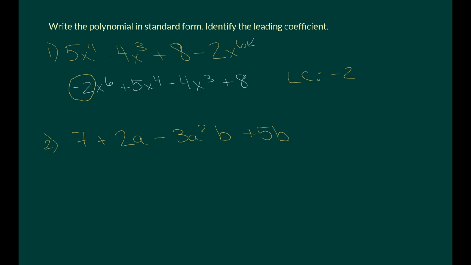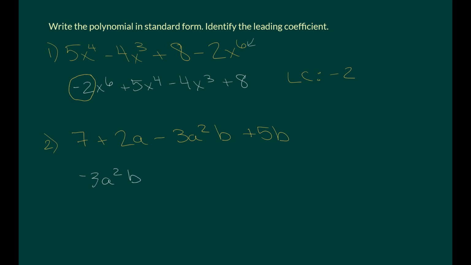All right, in number 2, we have 2 variables. So what comes first, A or B? A does. So you're going to pick the highest A first. So we have negative 3a squared b, and then you look for the next a.